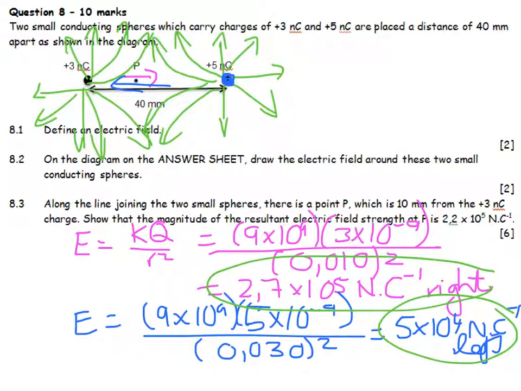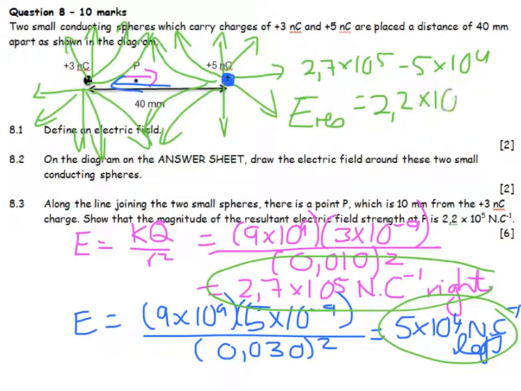So I do a little subtraction. 2,7 times 10 to the 5 minus 5 times 10 to the 4, and I land up with a resultant electric field, which is 2,2 times 10 to the 5 to the right. This question is really quite hard because it includes your electric field knowledge and it includes your knowledge of vectors and the fact that you can get a resultant electric field.